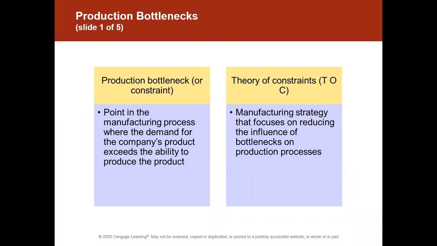Now, in some companies, they don't have that. They can produce as much as the market will buy, okay? But usually there's something. So if we're at Freeport-McMoRan Copper and Gold Incorporated and we're mining copper, probably their biggest constraint is, I don't know what it is there.